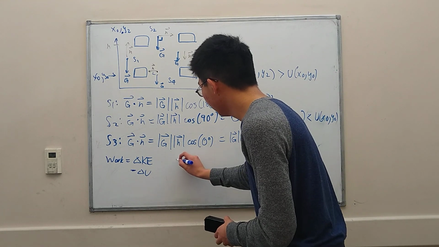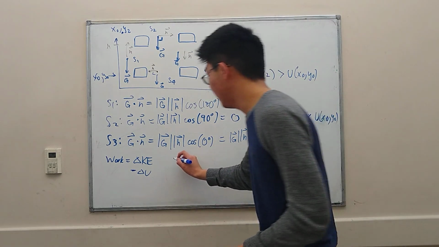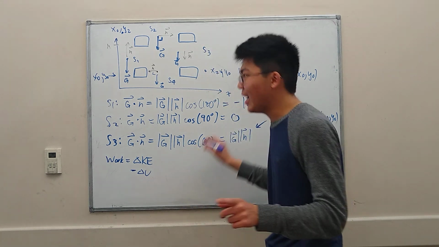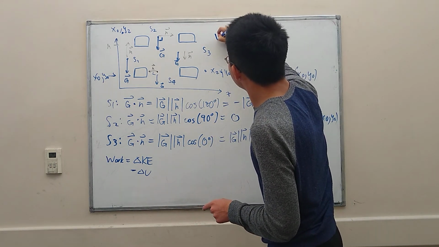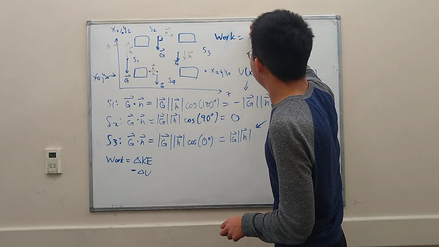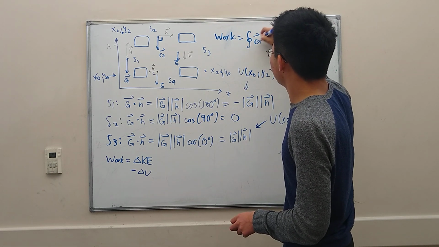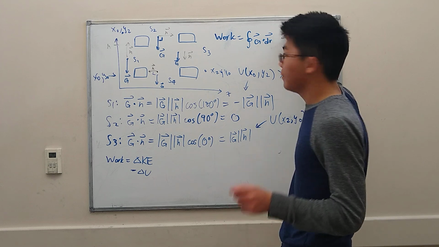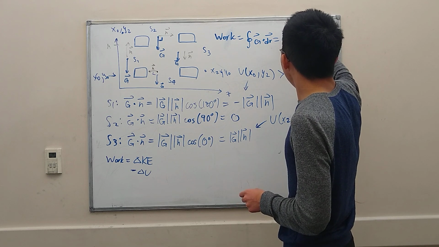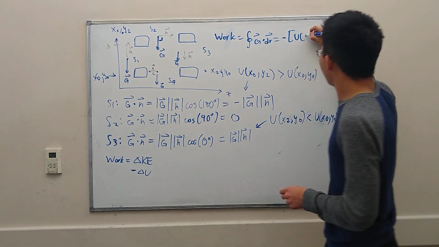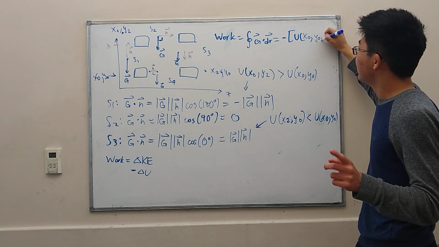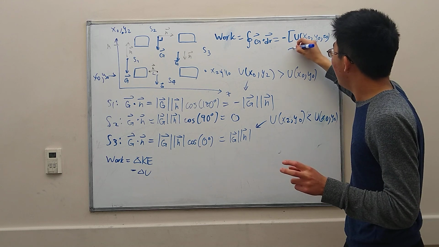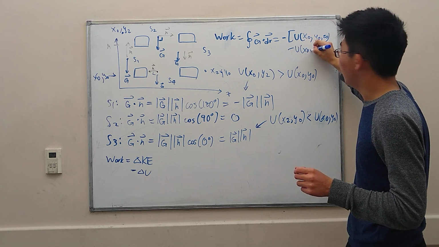If the potential energy increases, you lose kinetic energy. So I actually should have written, in the last few minutes, that work is equal to the line integral of g dot dr equals minus U of x naught, y naught, z naught minus U of x naught, y naught, z naught.